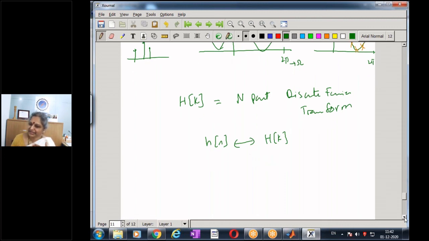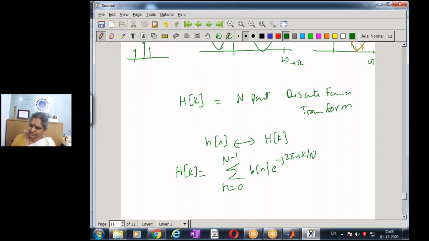But I can bypass this intermediate step, and directly from h n I can move to h of k. And how is that given? h of k is given by sigma n equal to 0 to n minus 1 h of n e to the power of minus j 2 pi n k by n.